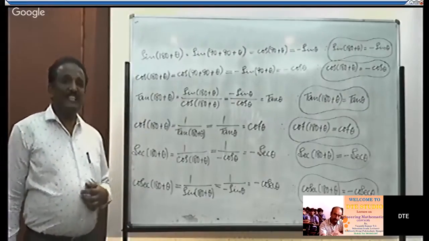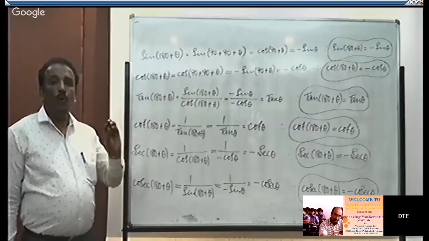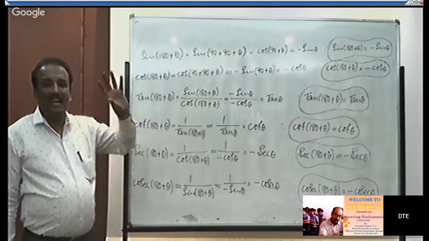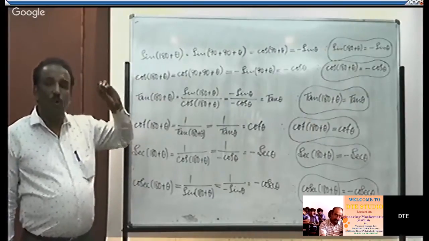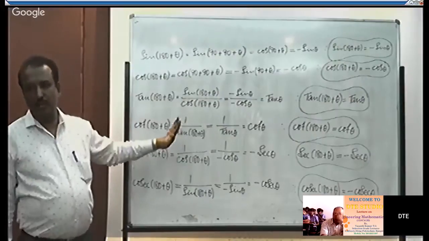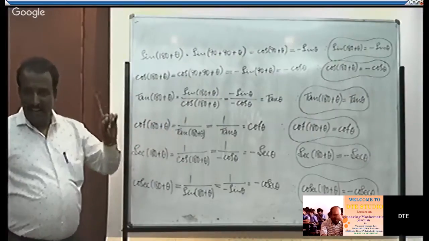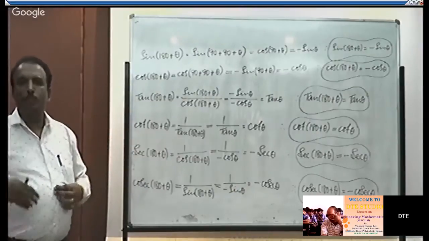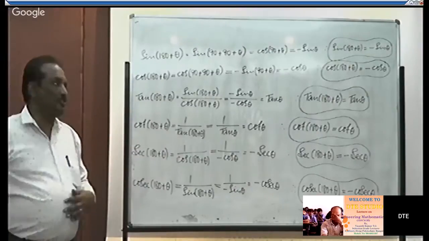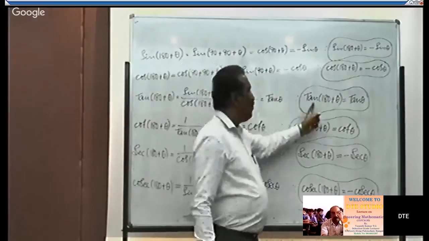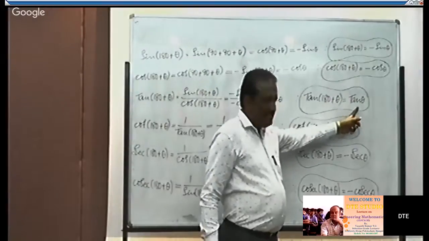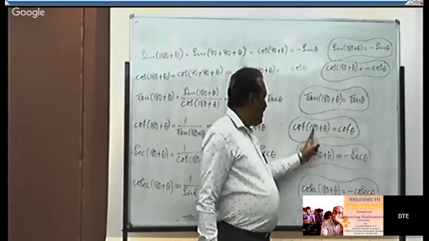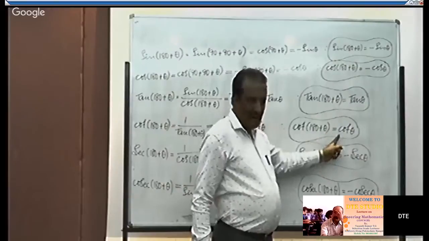According to the ASTC rule, only tangent and its reciprocal cotangent are positive there. So when 180 plus theta is connected to tan and cot, the result on the right hand side is positive. Tan of 180 plus theta is plus tan theta. Cot of 180 plus theta is plus cot theta.